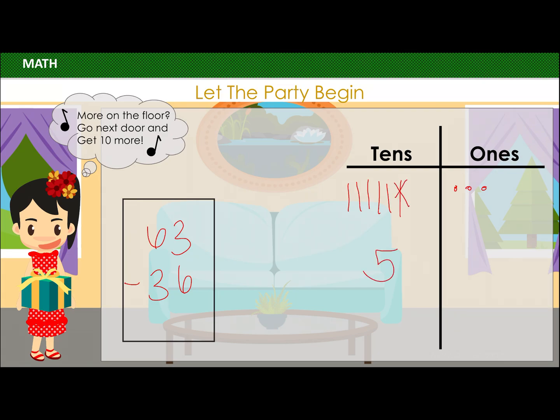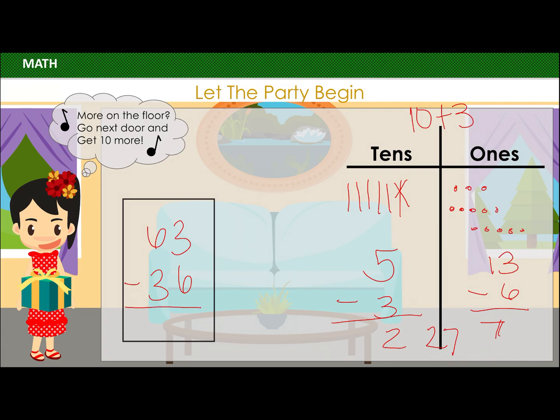So I now have 5 tens, and I'm adding that 10 into my ones. So now I have 10 ones plus the 3 that I already had, so I have 13 ones. So I need to take that 13 and I subtract it by my 6 from my 36, which gives me 7. And I now have 5 subtracting my 3 in my tens column, which gives me 2. So my answer is 27.